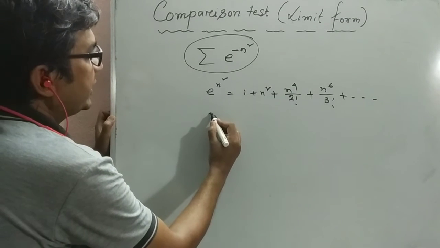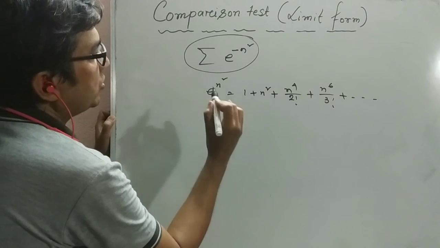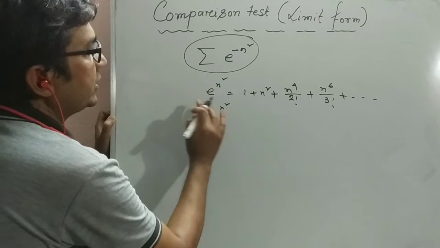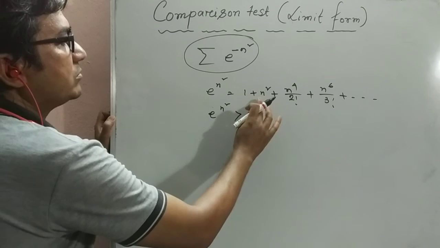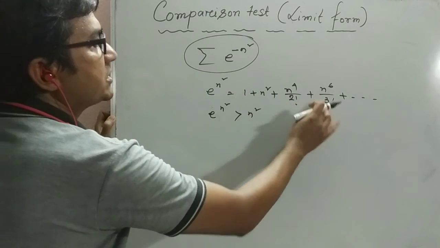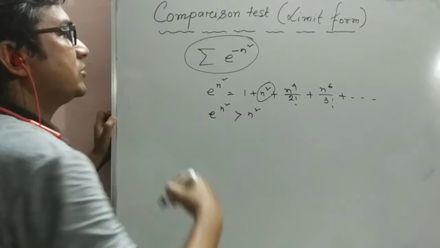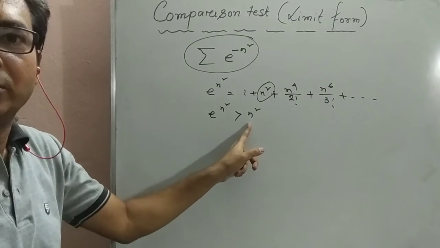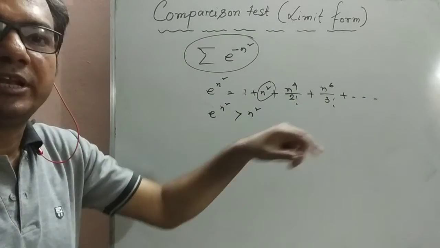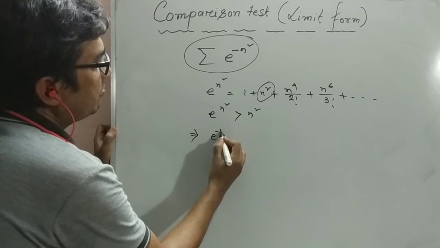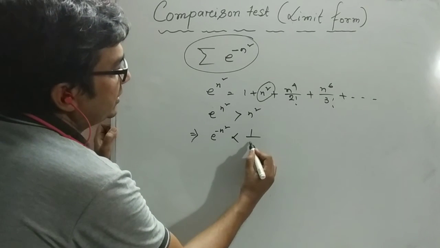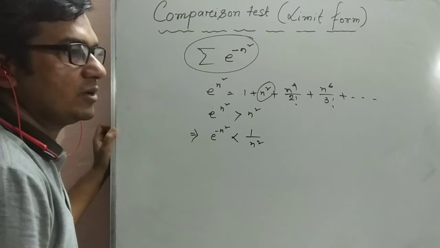We can write e to the power n square greater than n square. Here the other terms can be deleted, keeping only one term n square. So the right side must be less than the left side, and we get e to the power minus n square obviously less than 1 by n square.